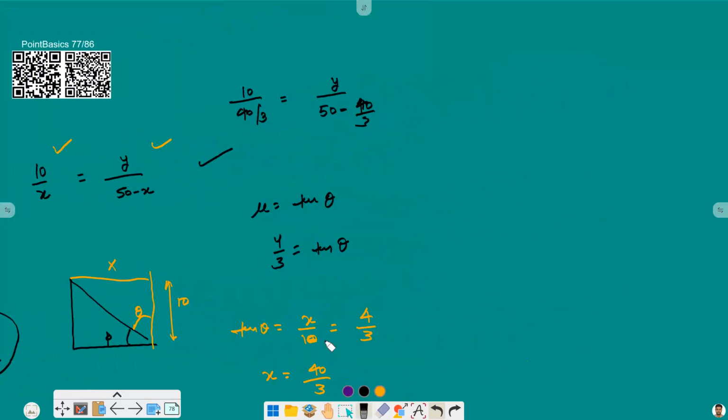So this will be 3 by 4, and on this side we will get y by 150 minus 40, that is 110, over 3, so the 3 gets cancelled, and this goes to 55 and this to 2. So y will be 55 by 2, and that is 27.5 meters. If it is in centimeters, then it will be in centimeters.